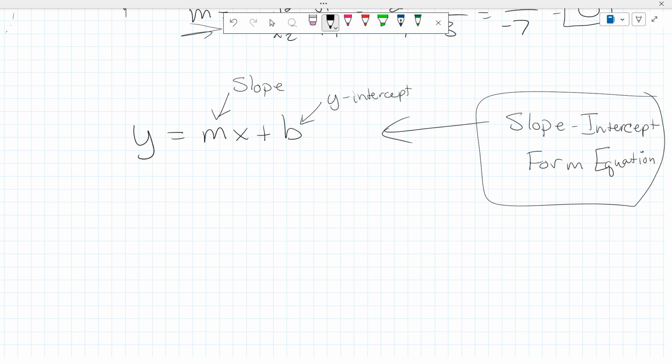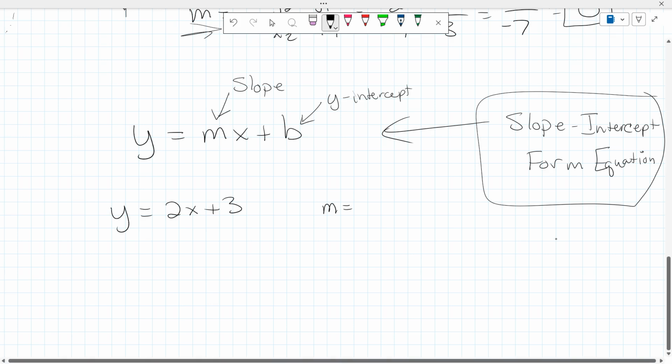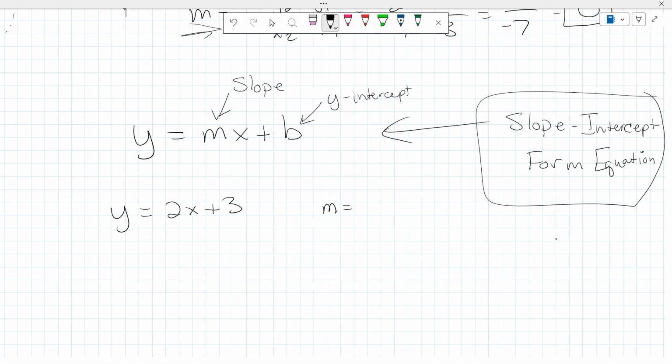Okay, so if we have the equation y equals 2x plus 3, what is our slope going to equal? Elmer? What's the slope? I bet you could take a really good guess. Which one is M up there?